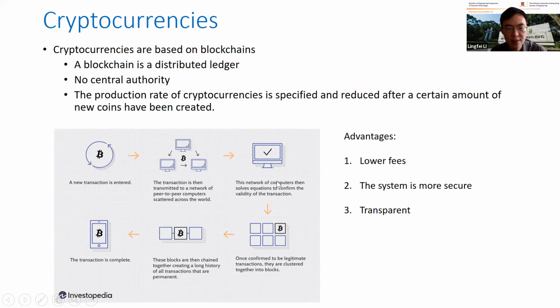And once this transaction is verified by the network, it is added to a block. Once a block contains enough transactions, it will be submitted to this blockchain. So basically a blockchain is a chain of blocks, and each block contains a certain number of transactions.